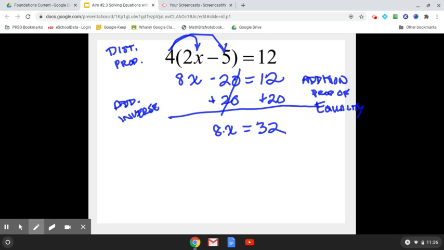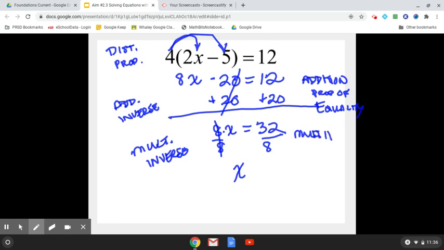Okay, there's multiplication here. So the multiplicative inverse of multiplication is division. So I divide by 8. And think about it. Yes, it cancels, but it becomes 1. 1 times x is just x.